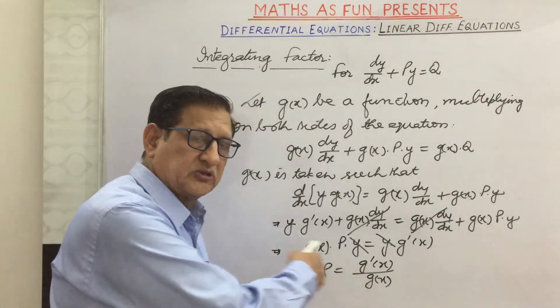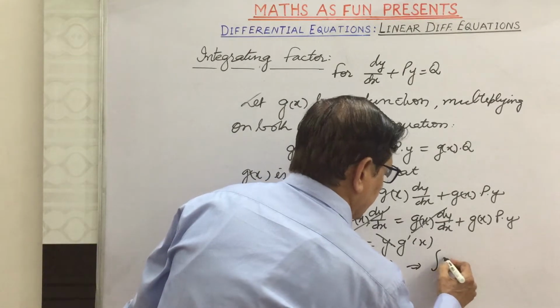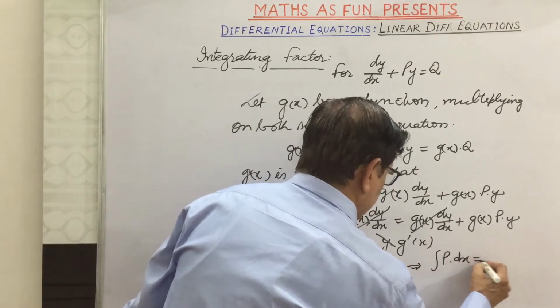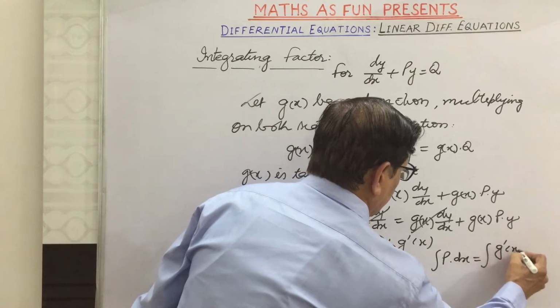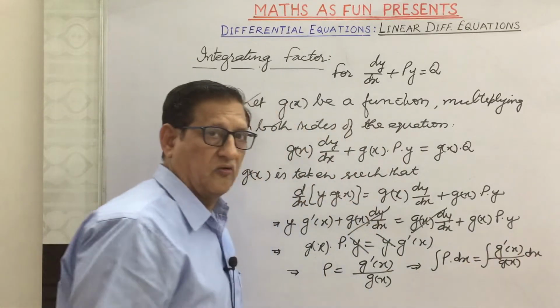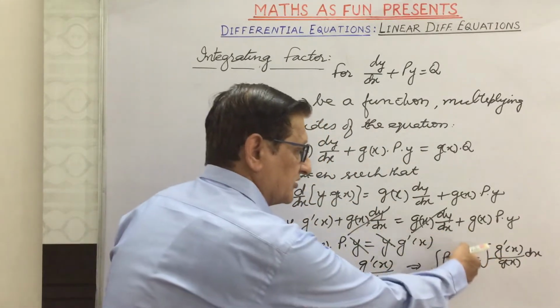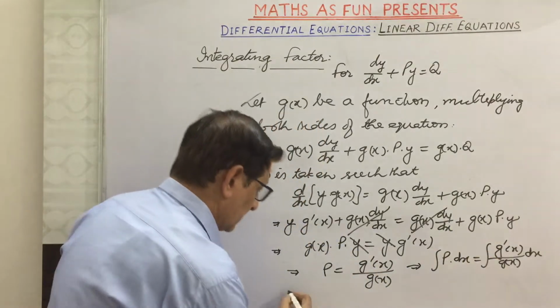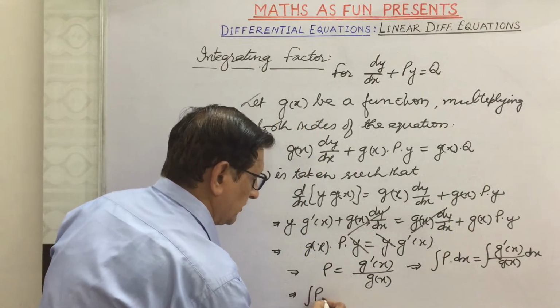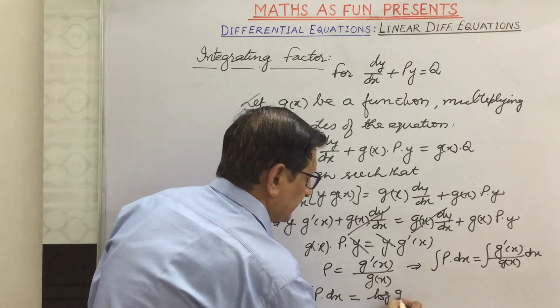If we integrate both the sides with respect to x, we are finding integral of p into dx is equal to integral of g dash x upon gx. We know this is derivative upon the function. The integral of this is equal to log of gx. So we can write here integral of p dx is equal to log of gx.